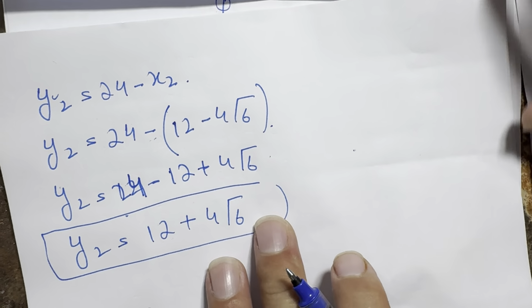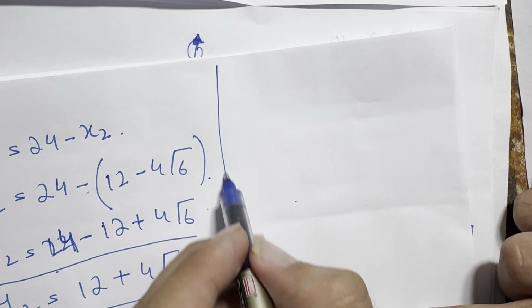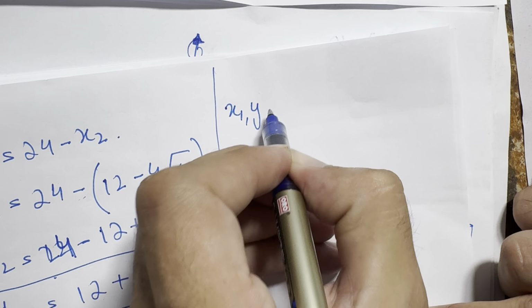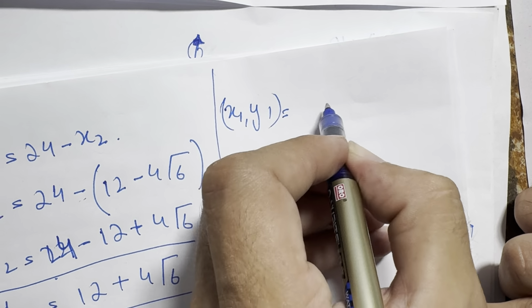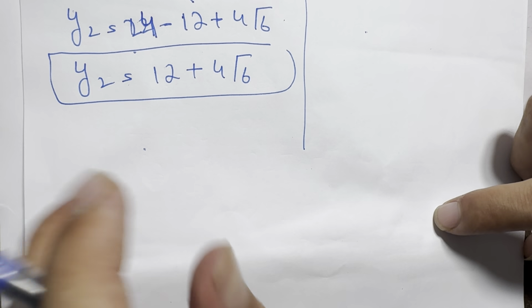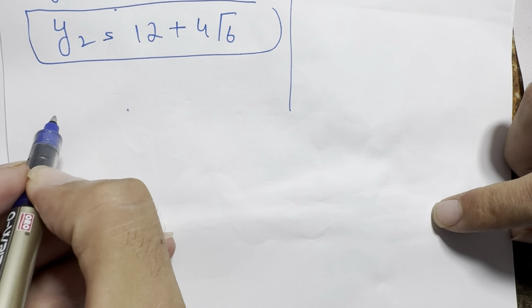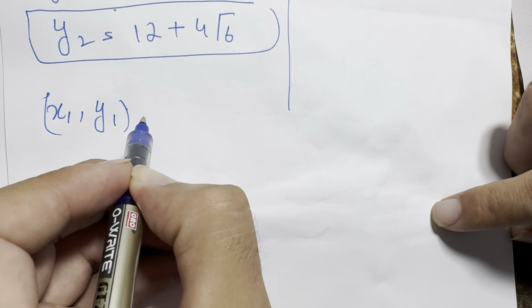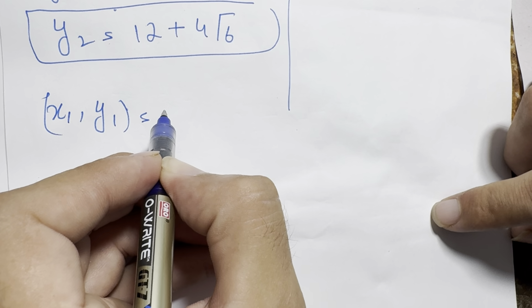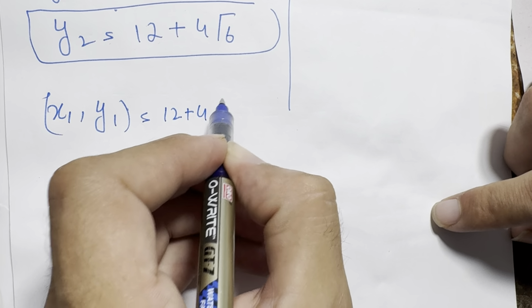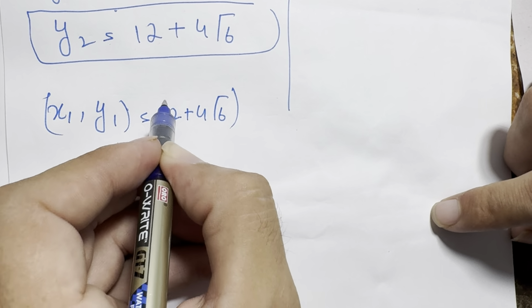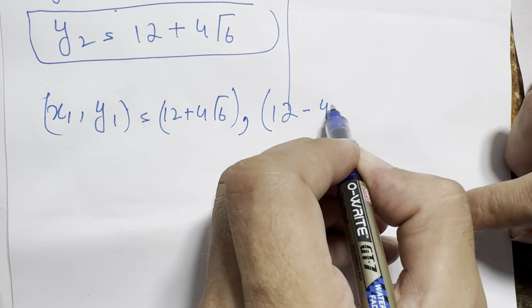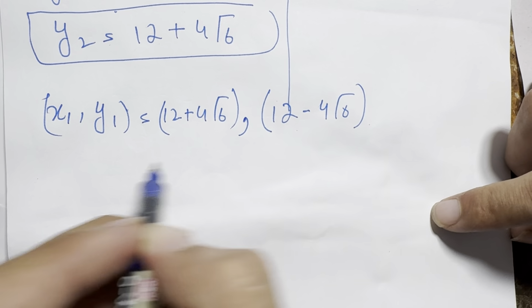Okay, so there are 2 possible solutions for x and y. I write them here. x1, y1 will be equal to 12 plus 4 under the root 6, this is the x value, comma 12 minus 4 under the root 6, this is the y value.